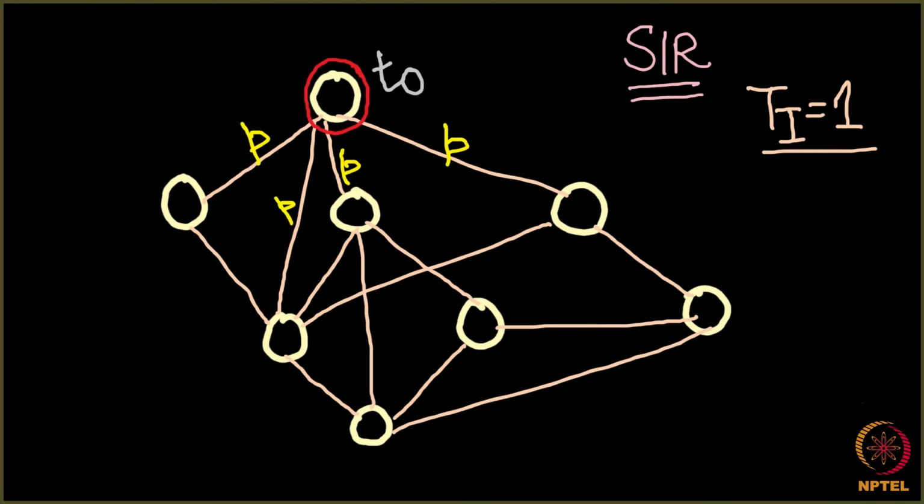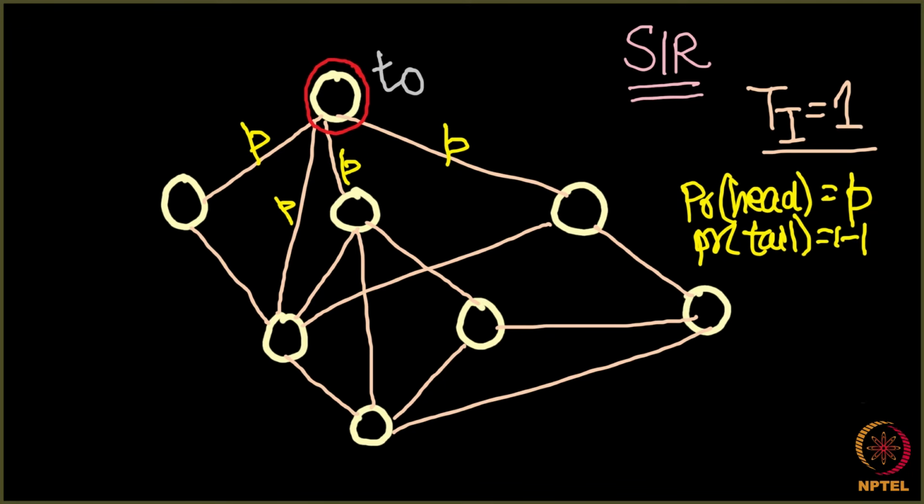So what we are going to do is toss a coin for this particular edge, and this will be a biased coin such that the probability of head is P and the probability of tail is 1 minus P, right? So we'll toss a coin over here and see whether it's a head or tail. If it's head, we'll infect this node, else leave it. Similarly for this edge, and for this edge.